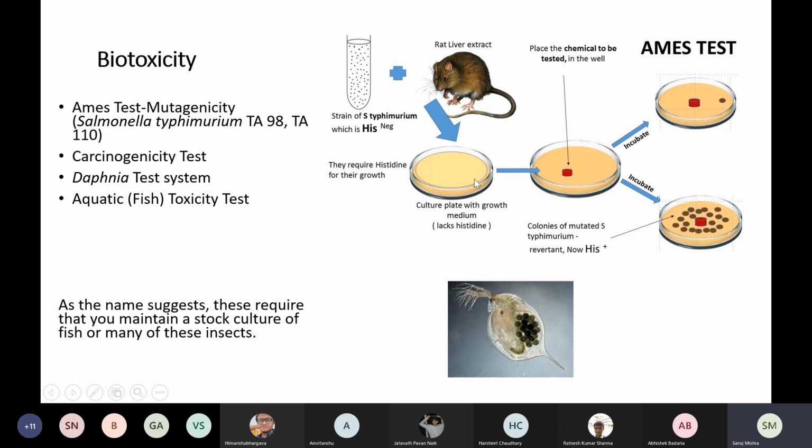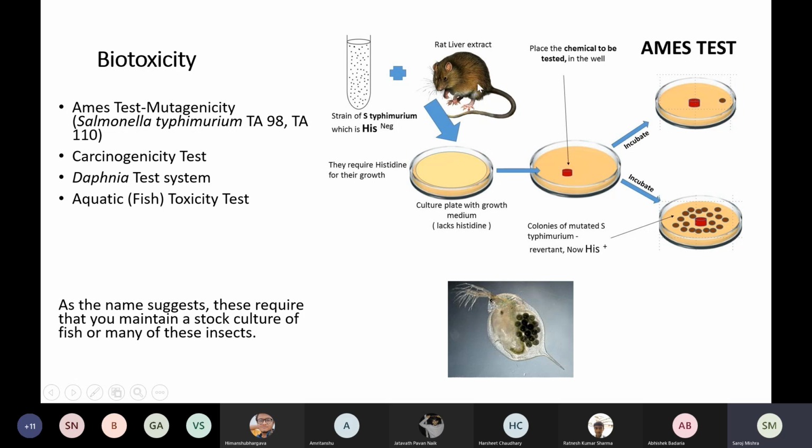Because what happens, you are eventually trying to test whether it is going to be carcinogenic or mutagenic in the human system. So you have to replicate that human physiology in the test. And that is done by taking, obviously human extracts cannot be taken, but rat is a mammal.